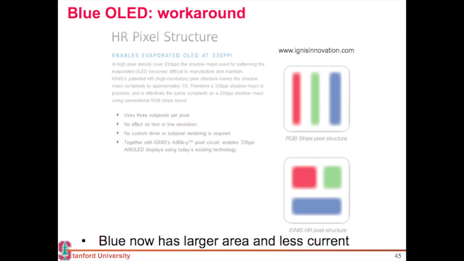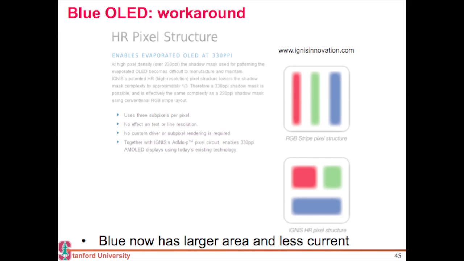Another trick that people play at a system level is that the blue pixel degrades very fast, because first of all, it has low efficiency, and if you flow a large current density through it, it degrades very fast. So they make the blue pixel much larger, so the current density through it decreases, and it degrades less fast.